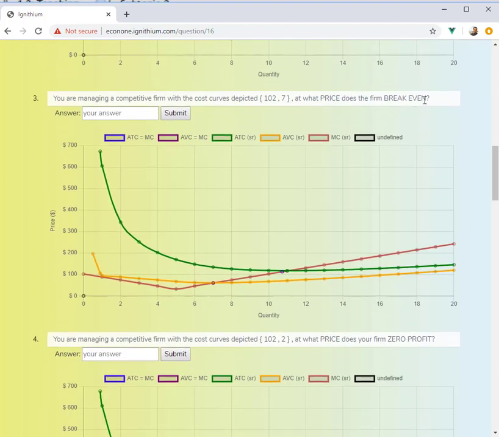We didn't really talk, if you looked in your book and thought about it carefully, the idea of breaking even is similar to when the firm earns 0 profits. Break even is a little bit more of a short run concept, but it's still about earning 0 profits. So here this would be where price is equal to the minimum of the average total cost. So it should be 112.18.